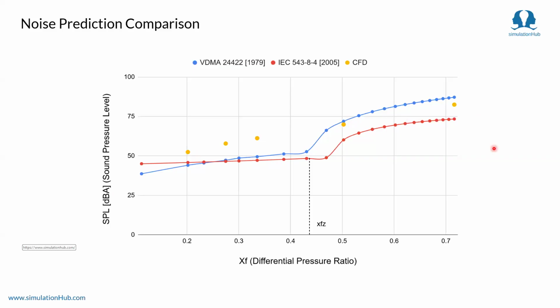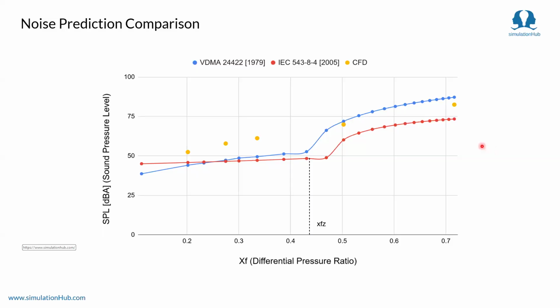For the turbulent zone, we can see before XFZ, the noise predicted by the Rodman model is slightly higher. This is fine because we are not considering the transmission loss, or it's the internal sound. It's not exactly the external sound propagated, but it's a very good estimate because this internal sound itself will propagate outside.